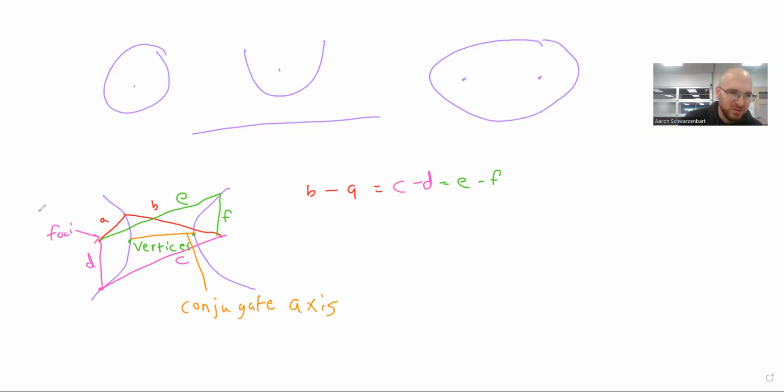And then right down the middle, perpendicular to the conjugate axis, is an axis of symmetry. And the hyperbola is going to look a lot like the ellipse.